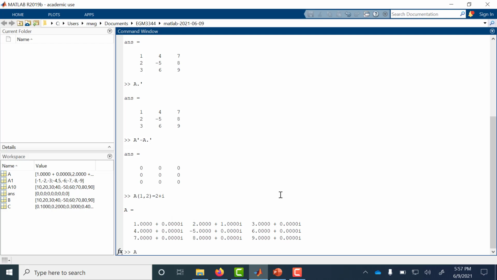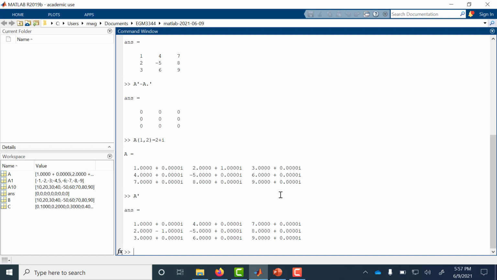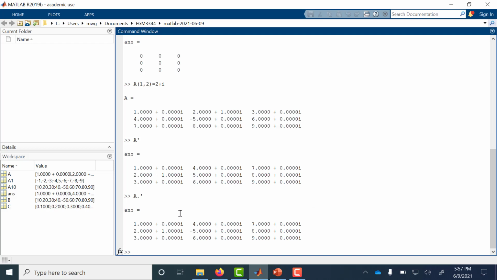Now when I do an A prime, I get the rows and columns interchanged, but it's also giving me the conjugate of the original 2 plus i. And if I go A dot prime, it's going to keep the original sign on the imaginary part when it does the row-column swapping.